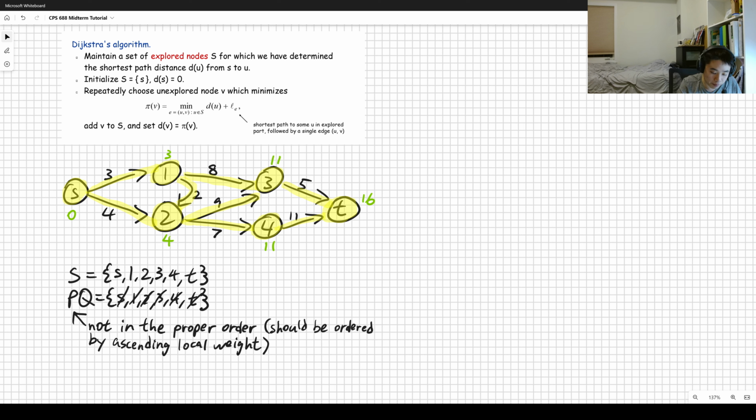So what should be the path to get to T while minimizing the cost? That would be from S to 1 to 3 and then to T, because that's the path that will lead us to the optimized total.